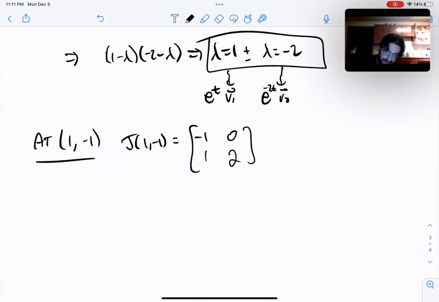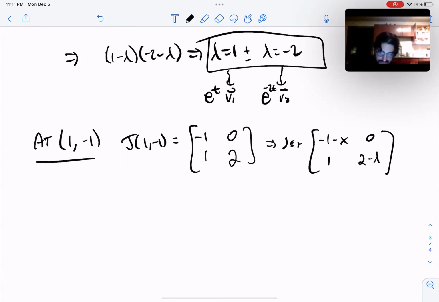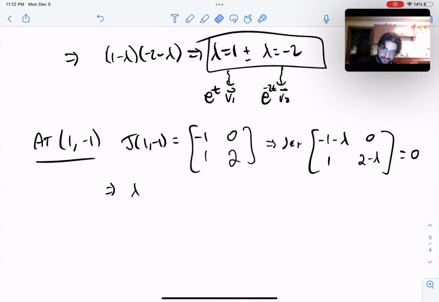And if I do this determinant, determinant of A minus lambda I, what does this give us? Minus 1 minus lambda times 2 minus lambda minus 0 equals 0.